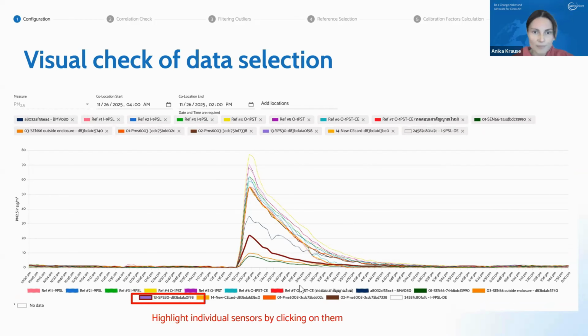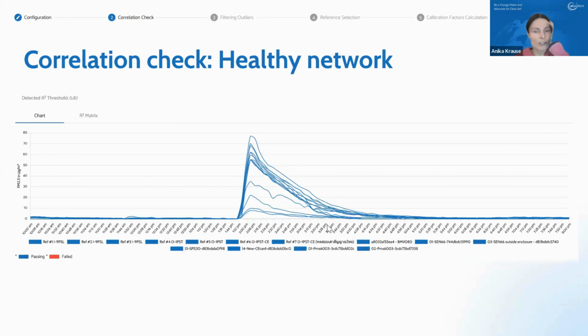If you're happy with your selection of sensors, you go to the next step, and that's the correlation check. I'll show you the correlation check first for a healthy sensor network. Here we have no faulty or broken sensors, and this is how it looks then.